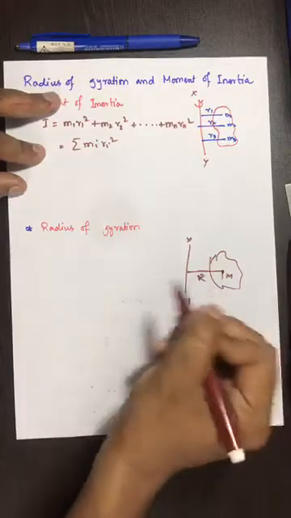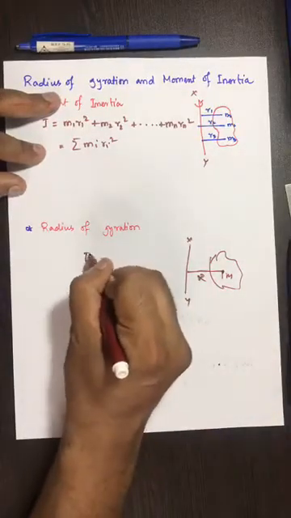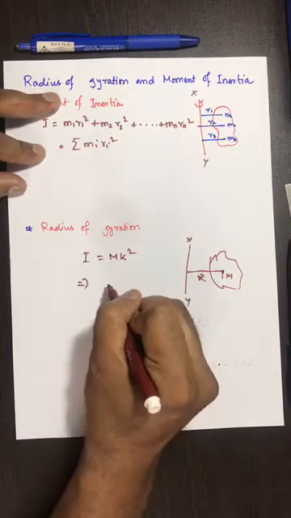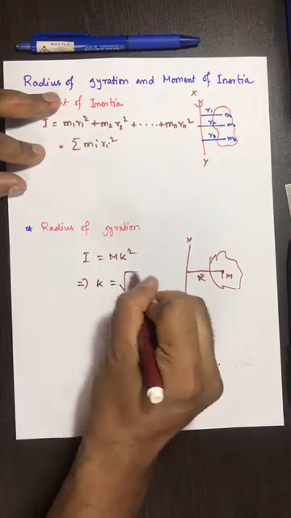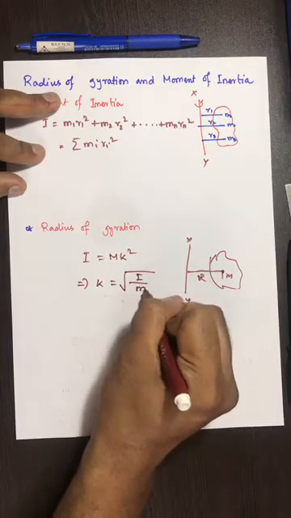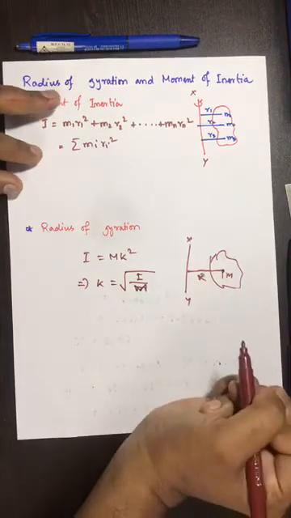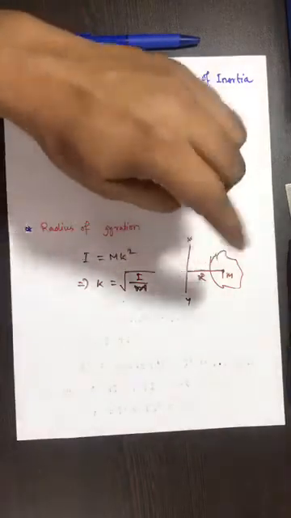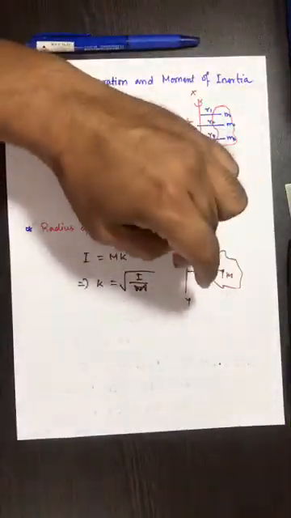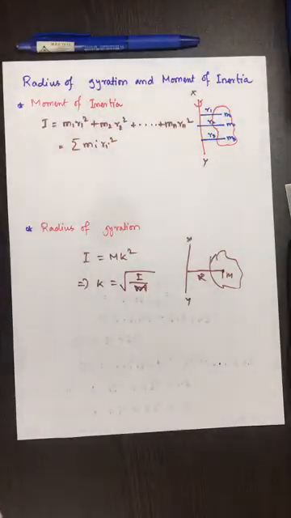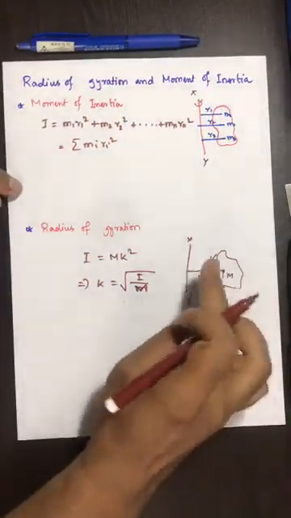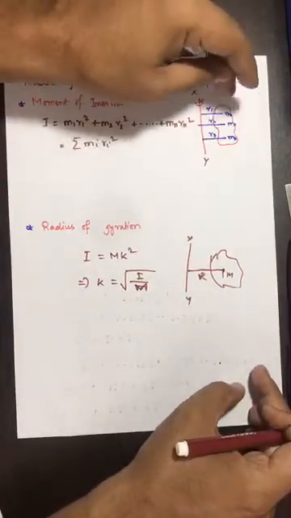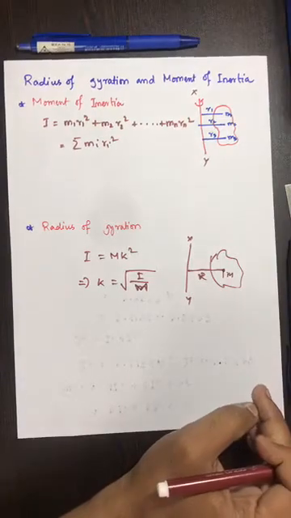The relation between inertia and radius of gyration is I equals m k square, so k equals root over I by m. Clear? Radius of gyration: the distance from the center of mass to the axis, because the center of mass rotating about the axis is equivalent to every individual mass of the body rotating about this axis.